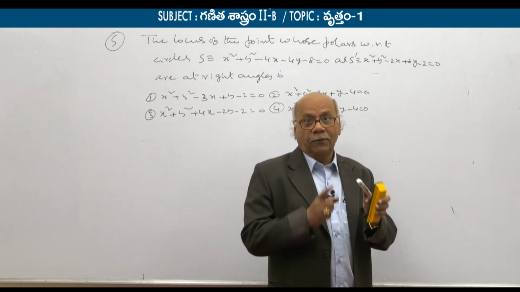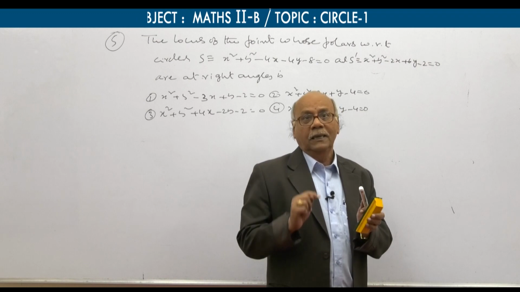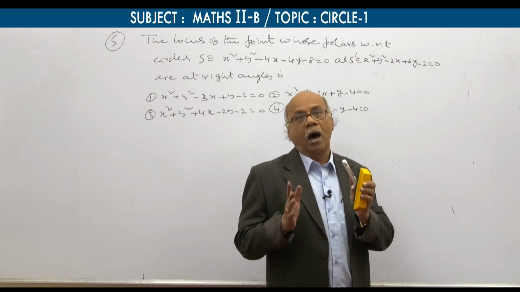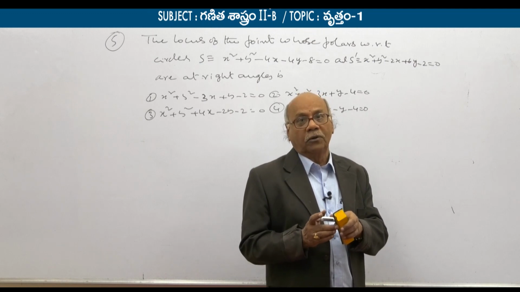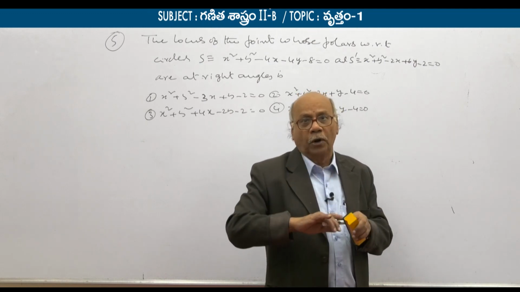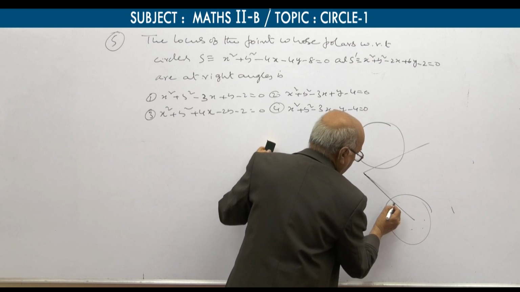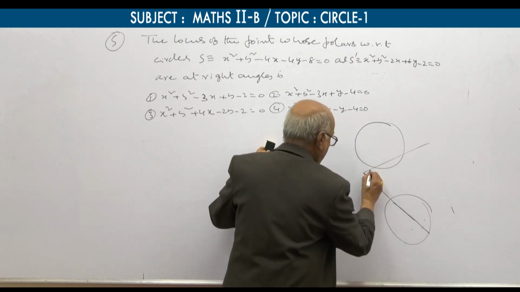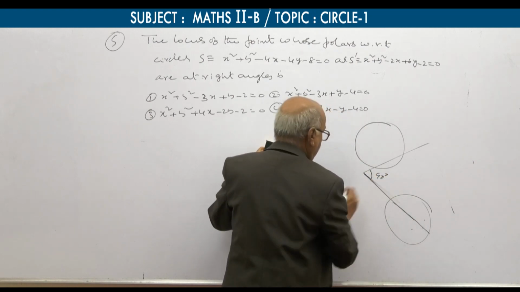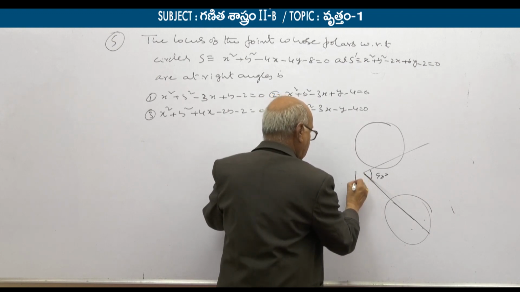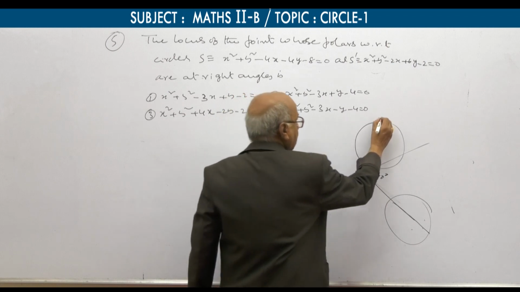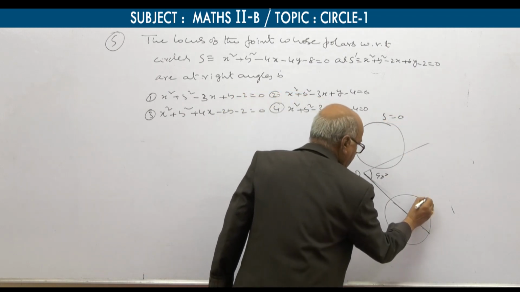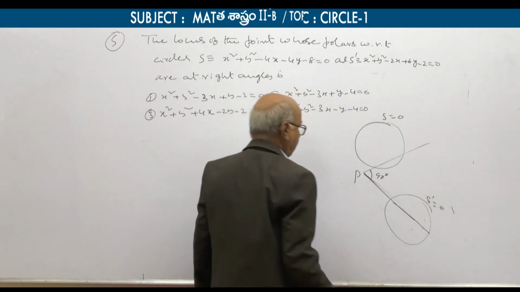If the polars of a point with respect to two circles are at right angles, then what is the equation of the curve satisfied by that point? We want the locus of the point P itself. So, S is equal to 0, S dash is equal to 0.